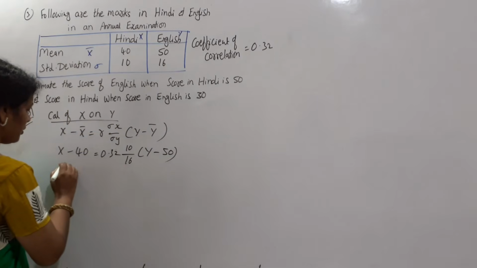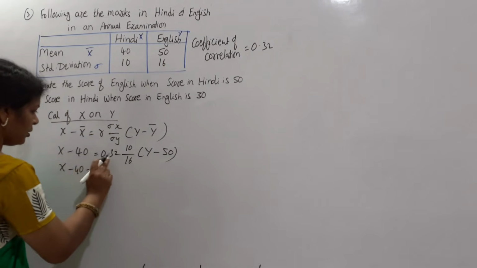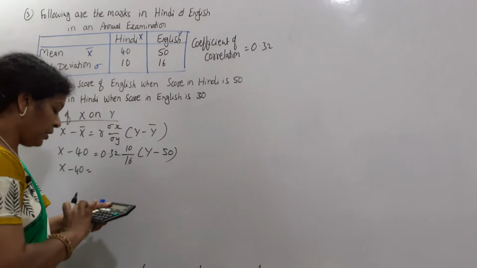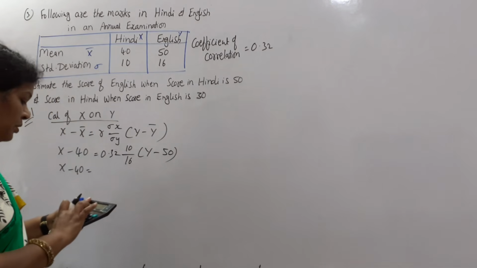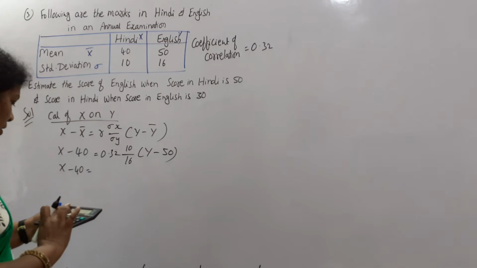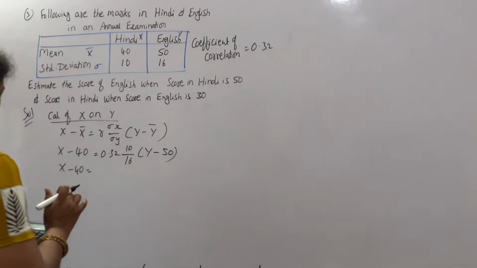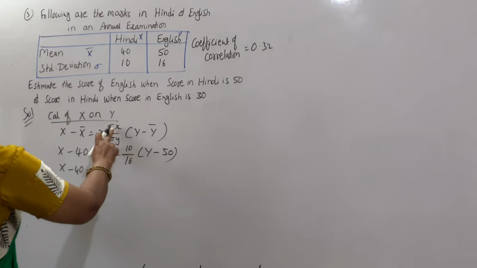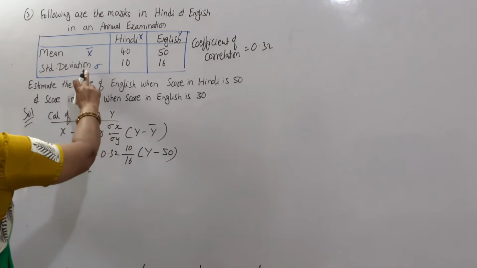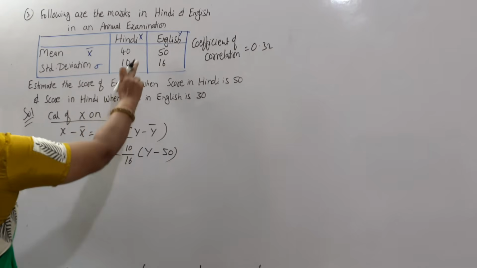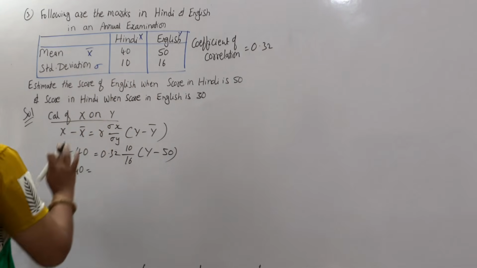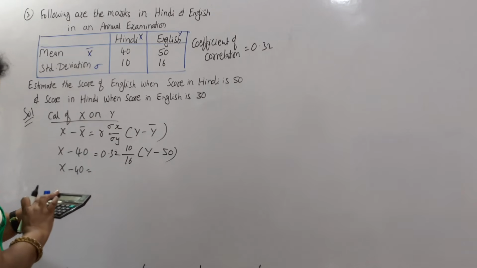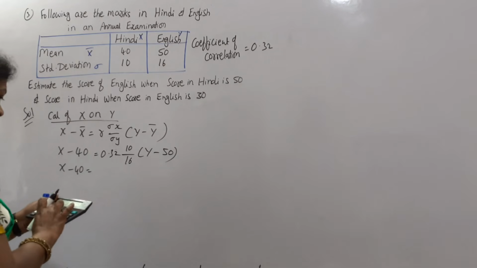We will do the calculations. X minus 40 is equal to this. Shall I use the calculator? 10 into 0.32 divided by 16. Once again I will calculate 0.32 into 10 divided by 16.